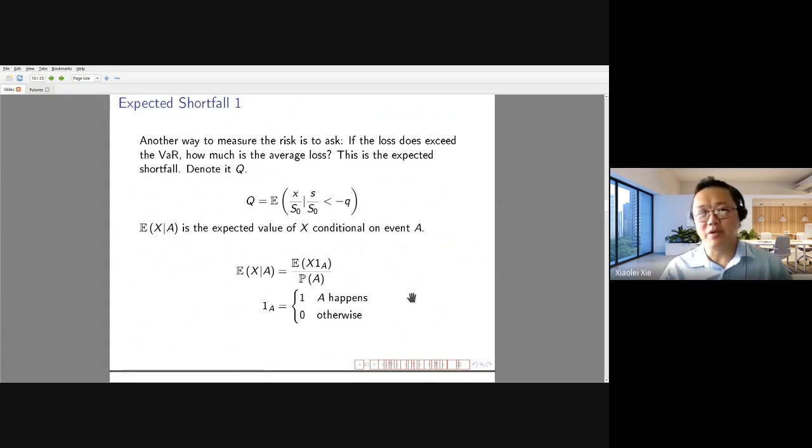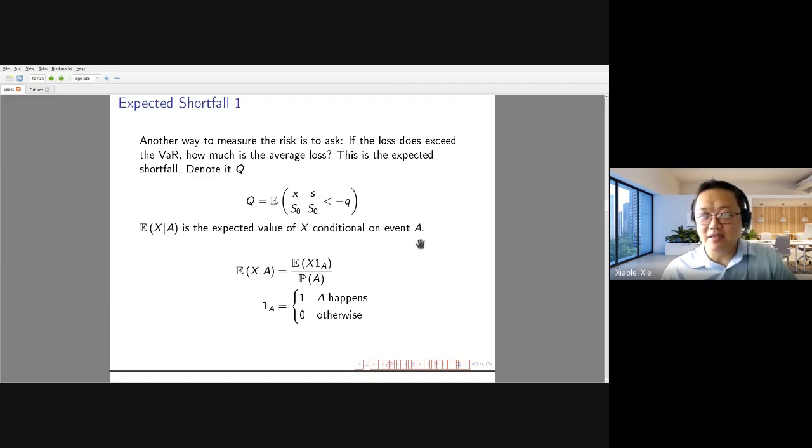That means we are looking at a conditional expectation here. That is the expectation of our relative return on condition that it is lower than minus Q. Here Q is the value at risk.